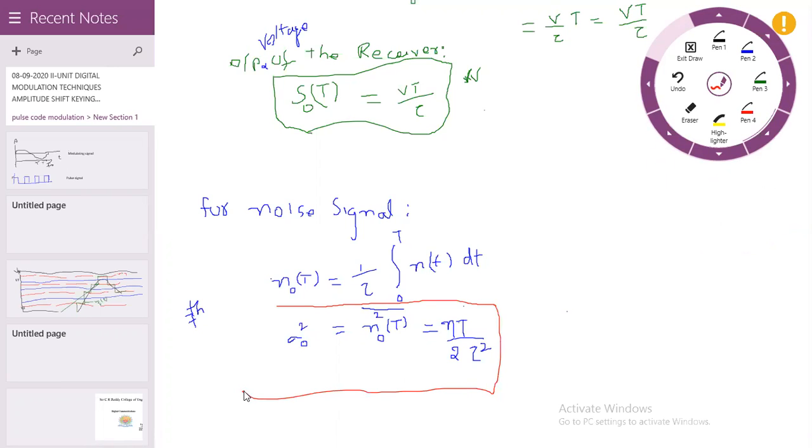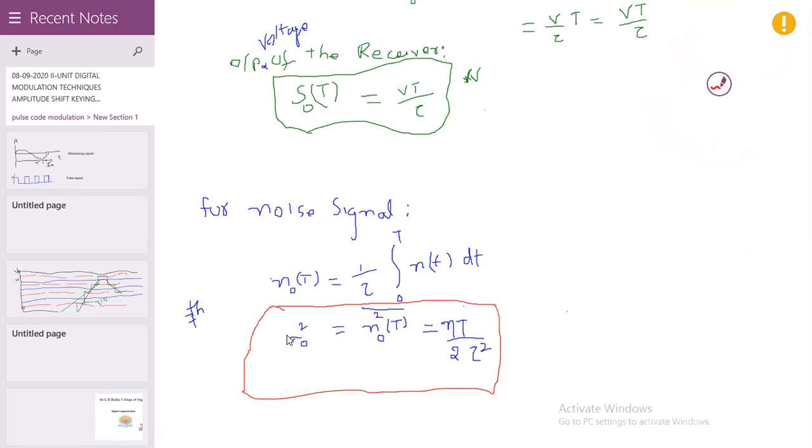Directly, here we have written this in noise power; this is in voltage, this is in noise power. Noise power at the output of the receiver or integrator.